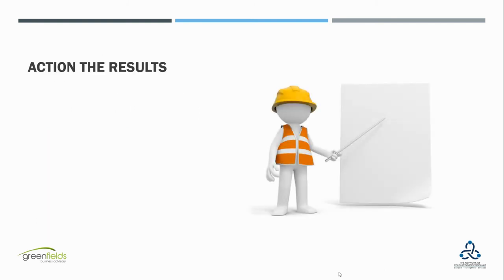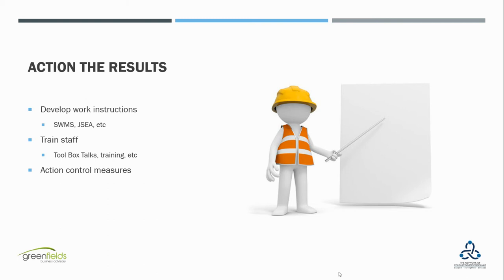So once we've done the hazard analysis and we've done the review, we need to take some action again. We need to develop work instructions, safe work method statements, job safety analysis, etc. We need to train staff and make sure they know what's involved. That could be in the form of toolbox talks, could be in the form of training.